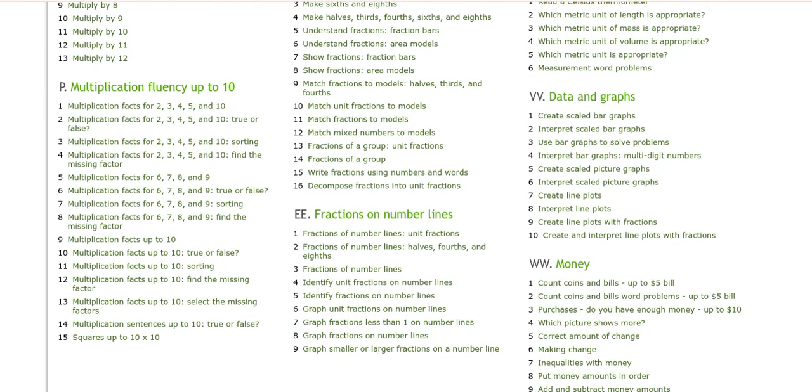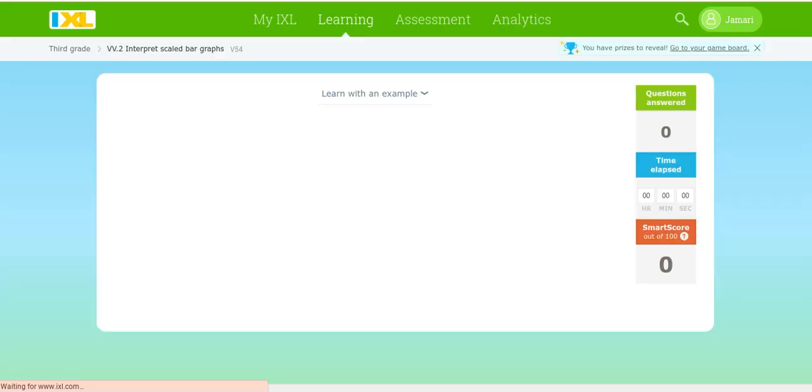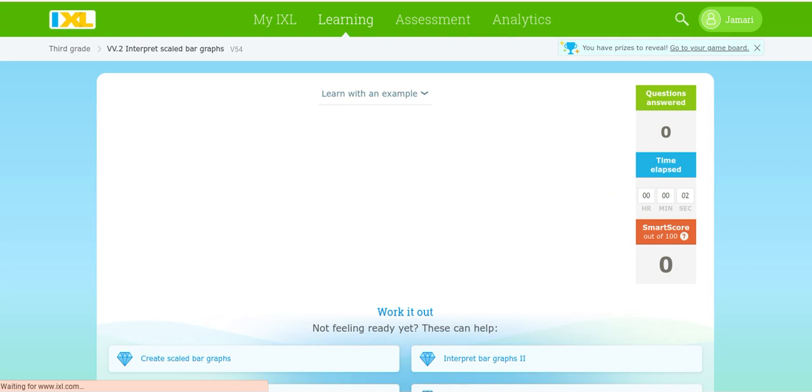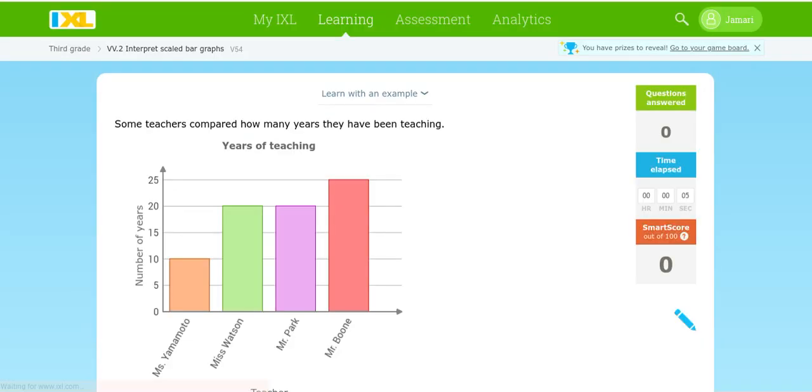We're gonna be creating and interpreting scaled bar graphs, but we're gonna interpret scaled bar graphs first, because this is some of the things that 3rd graders struggle with.